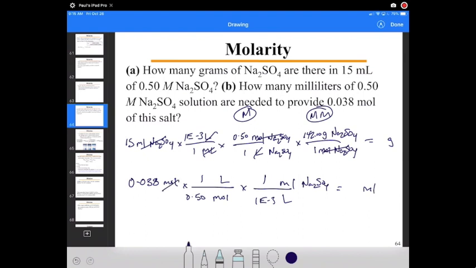Okay, and so moles cancel out, liters cancel out, and I'm left with milliliters. I used molarity as a conversion factor here. I didn't have to use molar mass because I didn't go from mass at all. Okay? Almost every one of these types of problems can be solved using just conversion factors. And you progress that way.